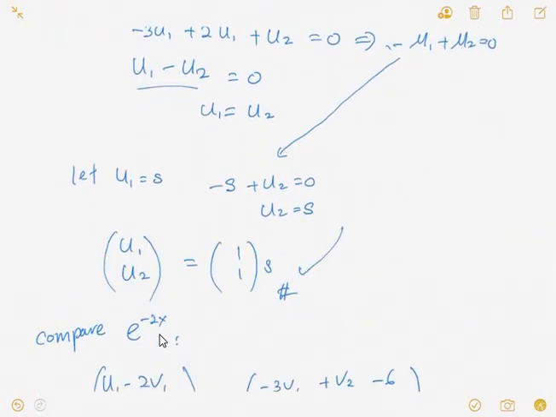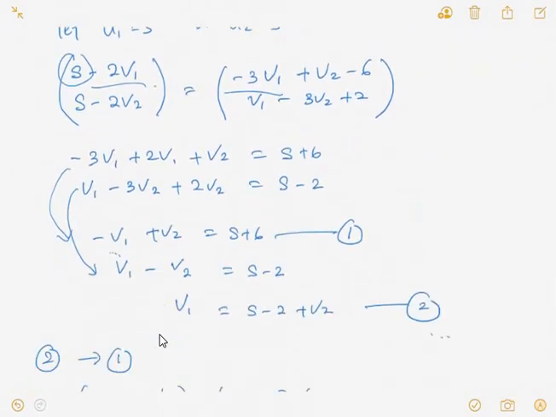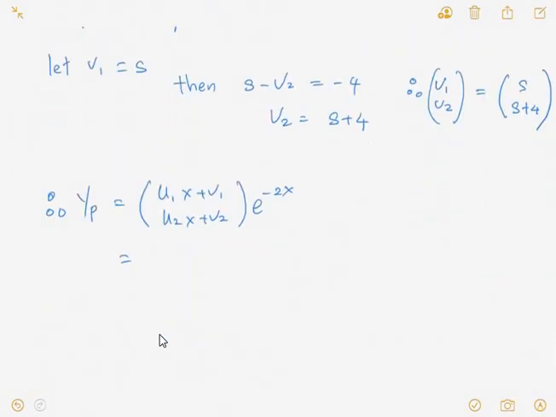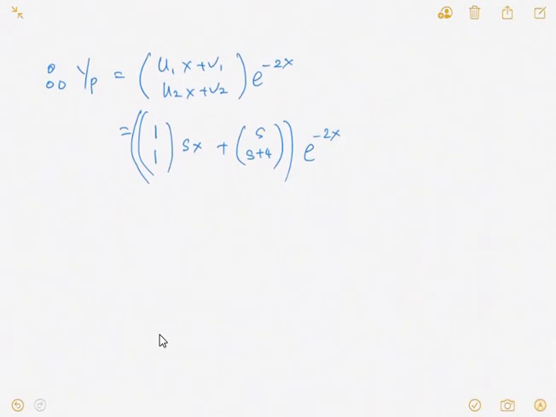Yep, u1, u2 is 1, 1, plus v1, v2 is s and s plus 4 here, exponent negative 2x.